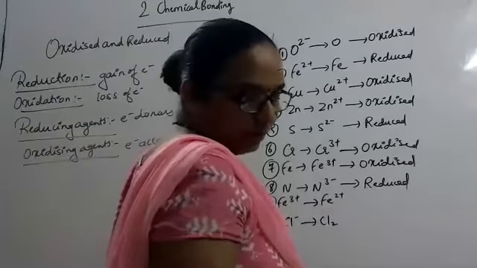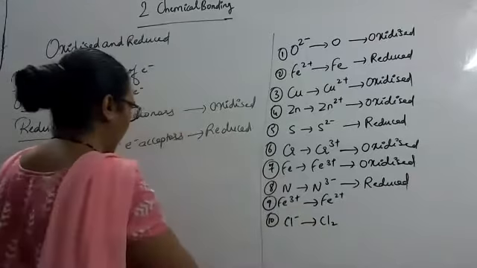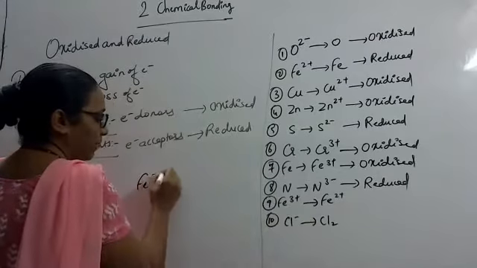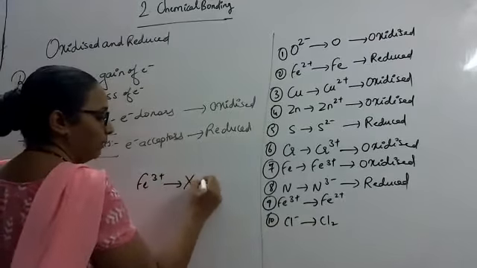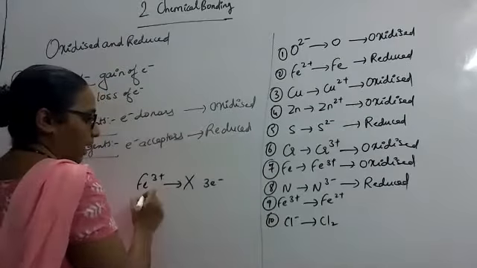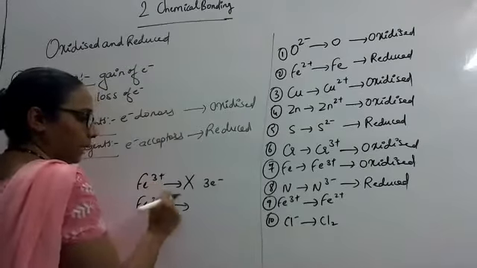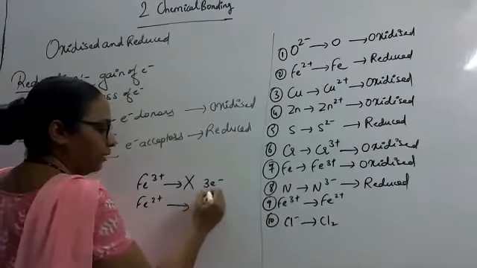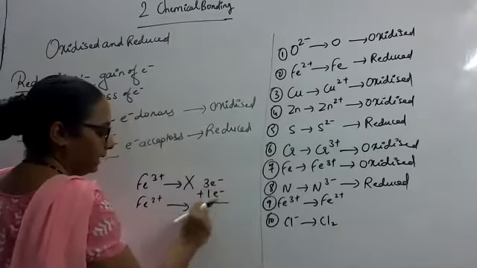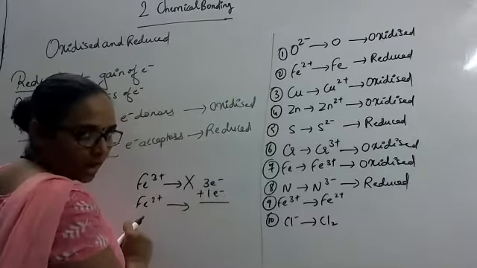Oxidized. Fe3 plus converted to Fe2 plus. Fe3 plus means it does not have 3 electrons. Fe2 plus means it has accepted 1 electron. It means इसमें अभी एक negative charge add हो गया.